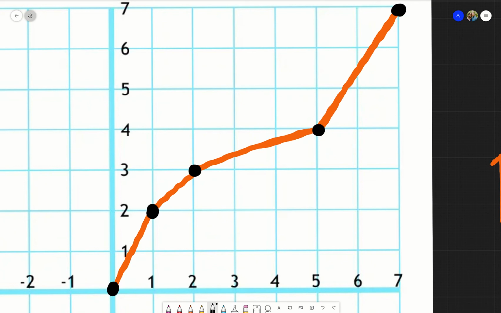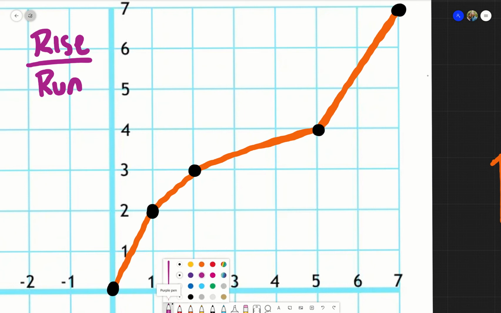All right, so the rate of change is going to say, well, what is my slope in between these points? Well, remember, my slope is always going to be rise over run. So in between these first two, I'm going to rise 1, 2, and go over 1.